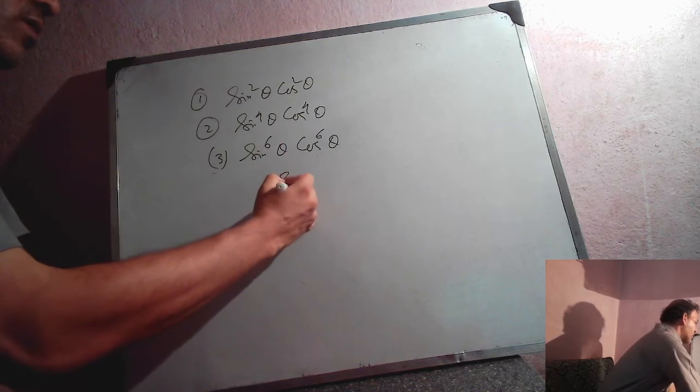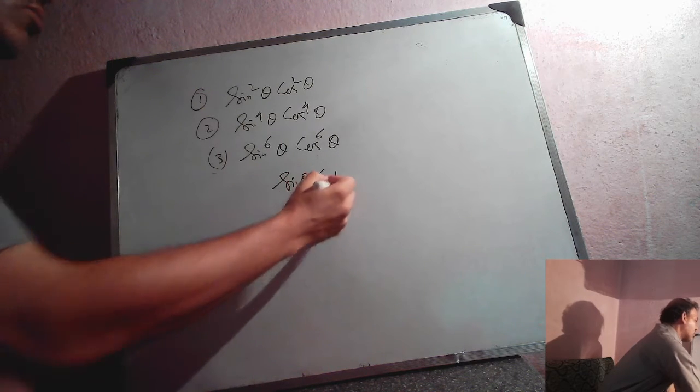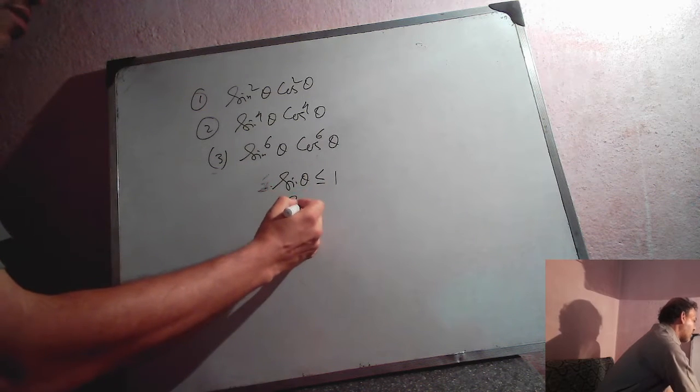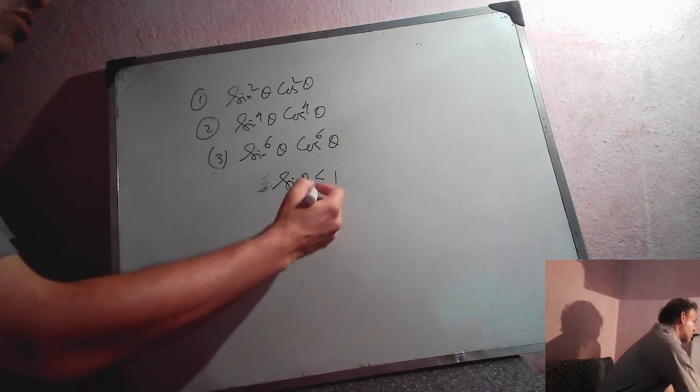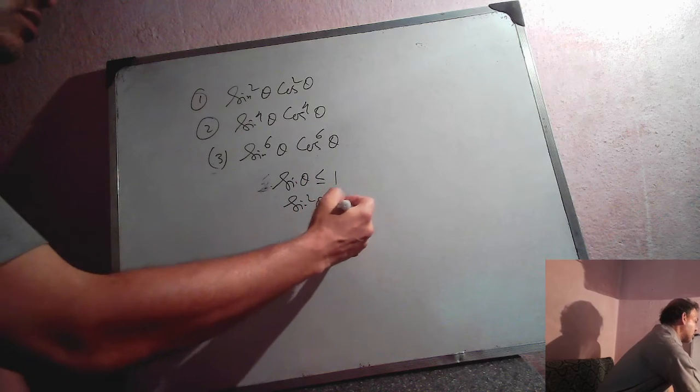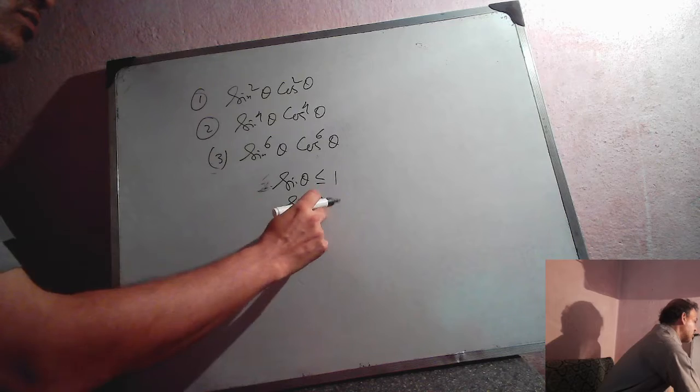We know sin theta is less than or equal to 1. So between sin square theta and sin 4 theta, which one is greater?